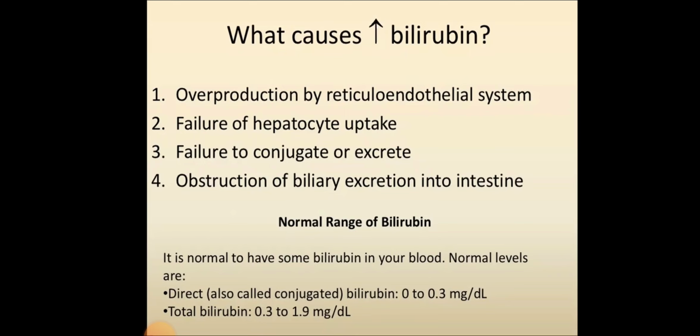It is normal to have some bilirubin. Normal levels are direct bilirubin 0 to 0.3 mg per dl and total bilirubin 0.3 to 1.9 mg per dl. And the types of jaundice: we have three types of jaundice, that is pre-hepatic jaundice, hepatic jaundice and post-hepatic jaundice.